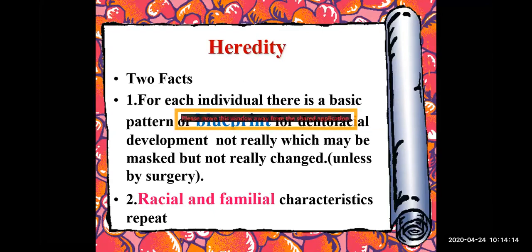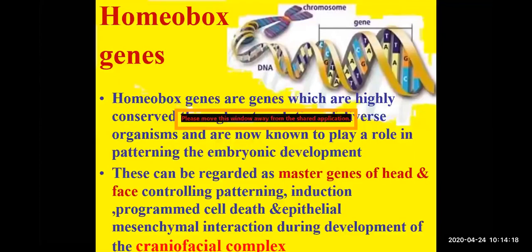On the genetical aspect, all of you should try and remember the main genes which are responsible for the craniofacial complex. The homeobox gene, this you will see in the short question, the 2 marks, somewhere you will find about the homeobox genes. These are the genes, and the genes of particular interest.